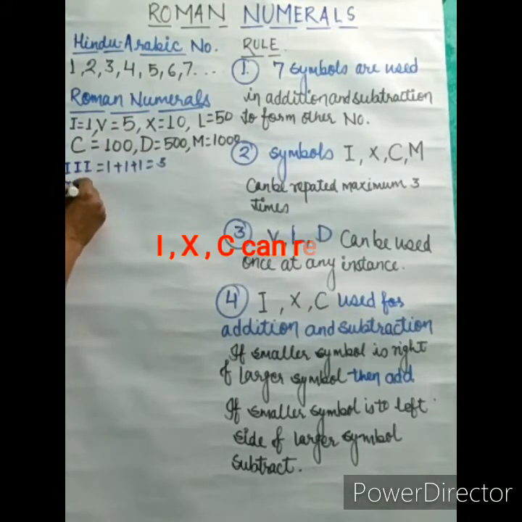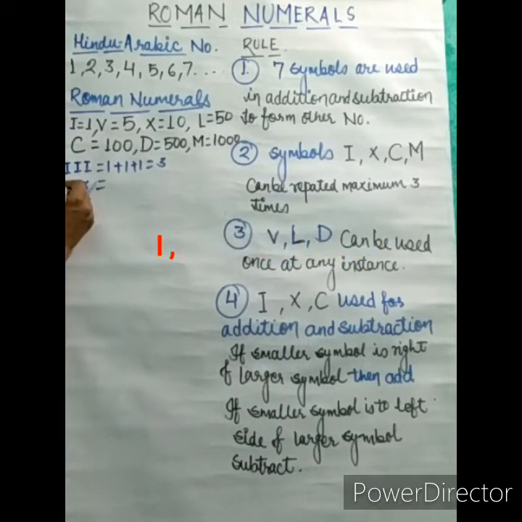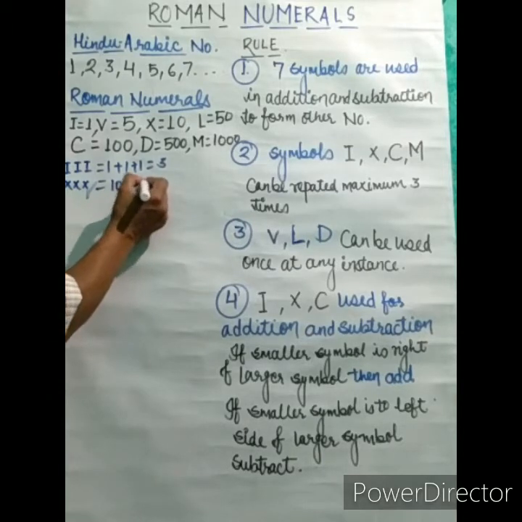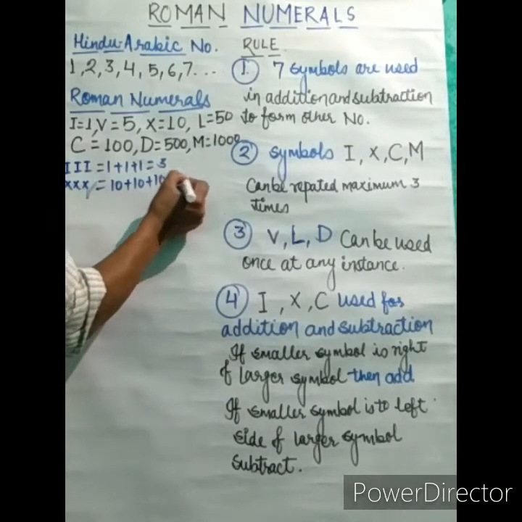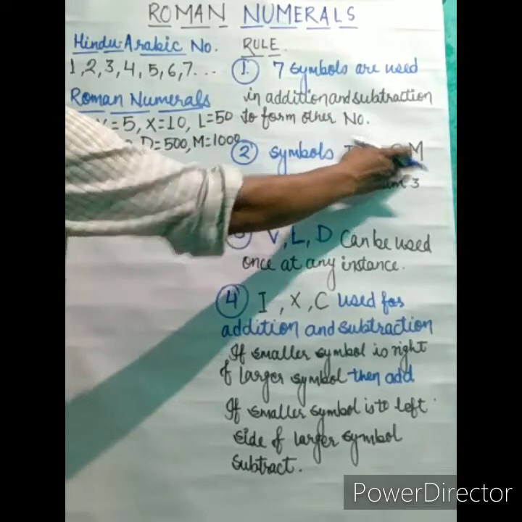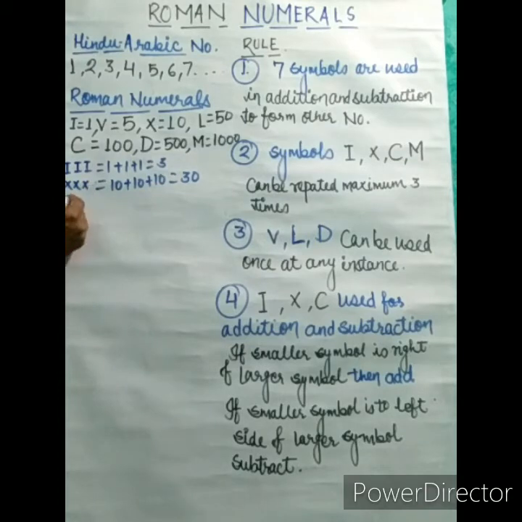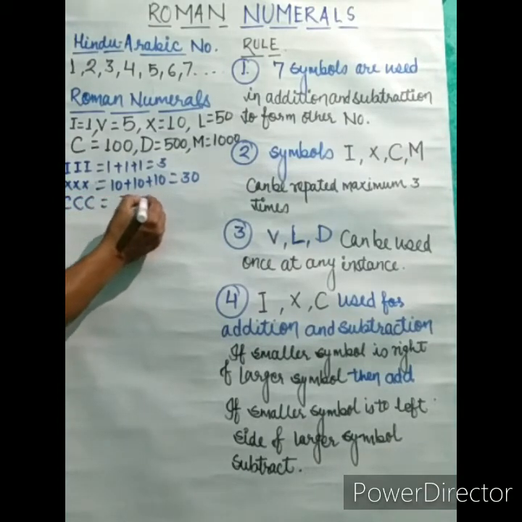In the same way, if you write X, X, X, you get 10 plus 10 plus 10, which is equal to 30. In the same way, C means 100. We can write it 3 times: C, C, C is equal to 300, because 100 plus 100 plus 100.